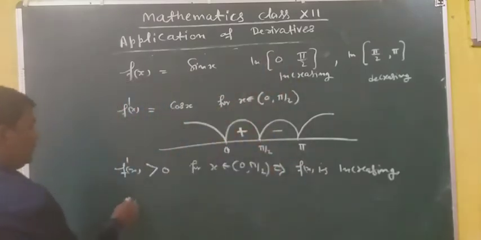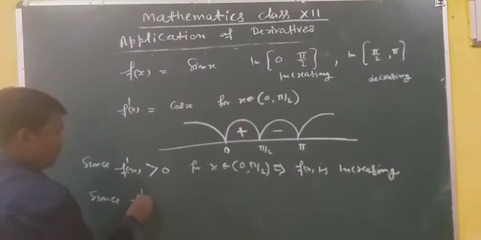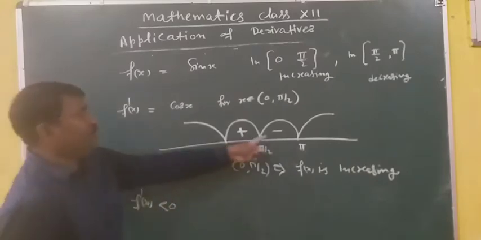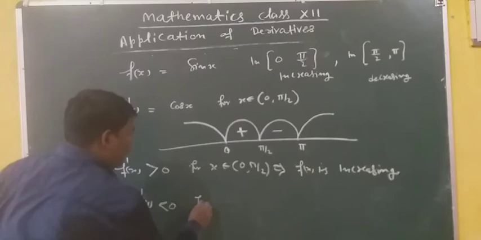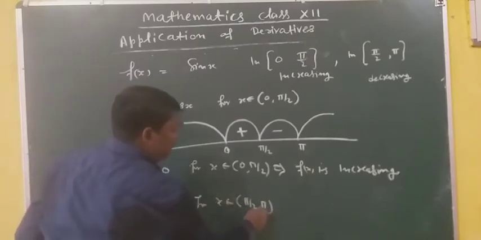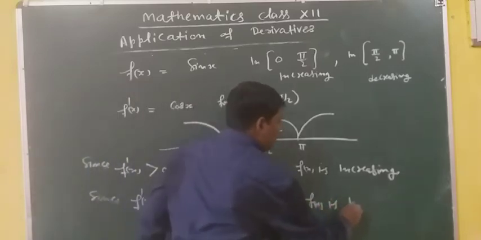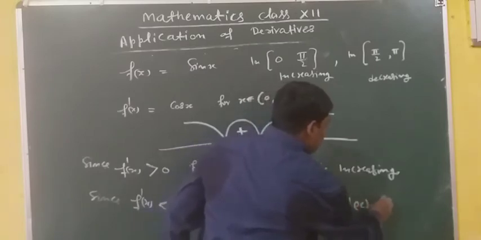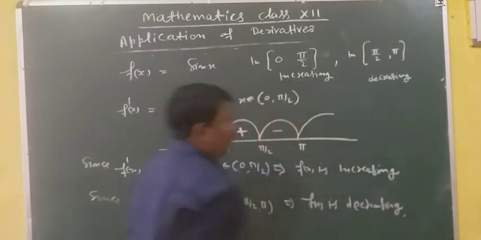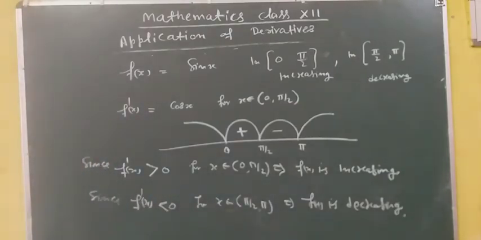And since f dash x is less than 0, that is a negative value, for x belongs to pi by 2 to pi, it implies that f x is decreasing. In this way you can solve and find whether the function is increasing or decreasing.